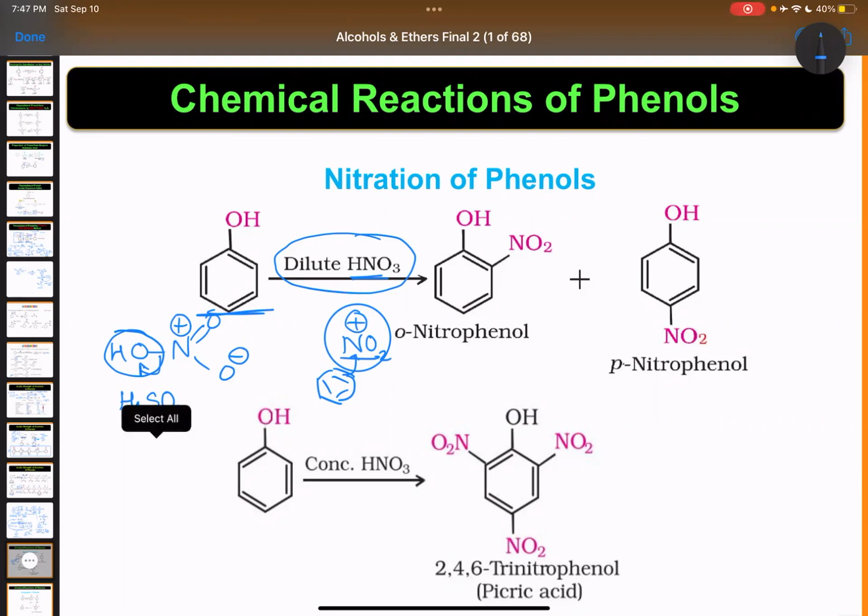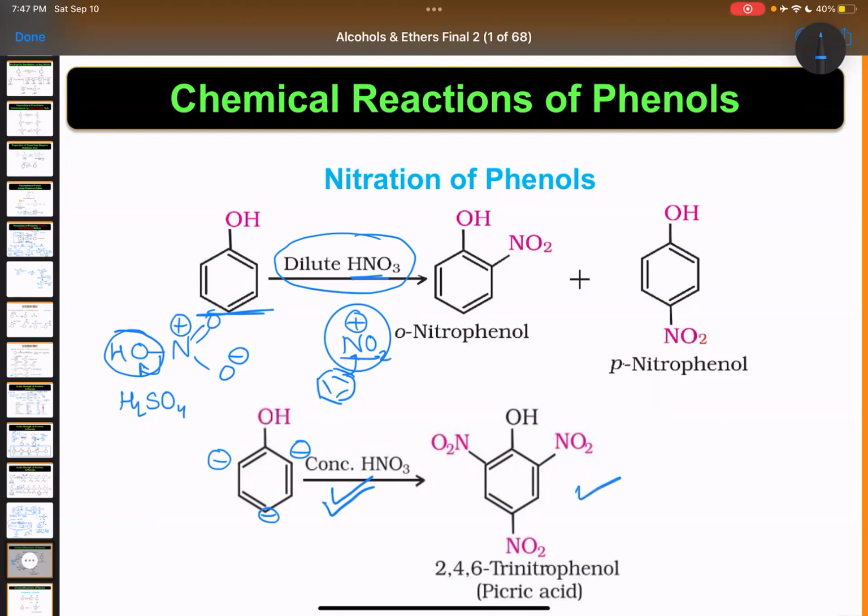So that's why you take only dilute HNO3, not concentrated. Because look here, if you have taken concentrated, you have increased the concentration of NO2 plus. And if you have increased the concentration of NO2 plus, the reaction is going to happen at all the places. Because just now we have seen that these places are very much electron rich because of the resonance.